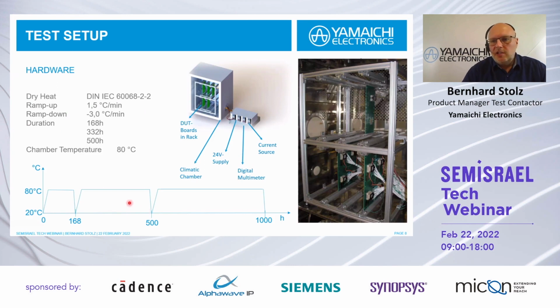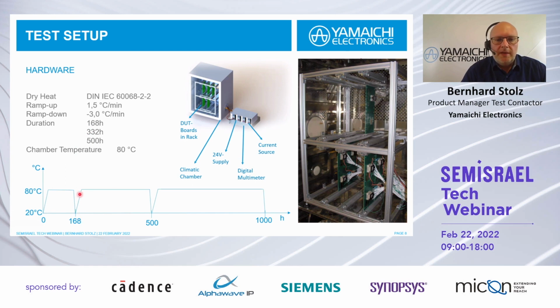On the right-hand side you can see the chamber with a rack inside. We have PCBs there, and you can also see the sockets and a lot of cables. We built this HTOL test also in terms of cycling. We started at 20 degrees, ramping up the temperature with a ramp of 1.5 degrees, holding this temperature, and then coming back with -3 degrees Celsius to room temperature.